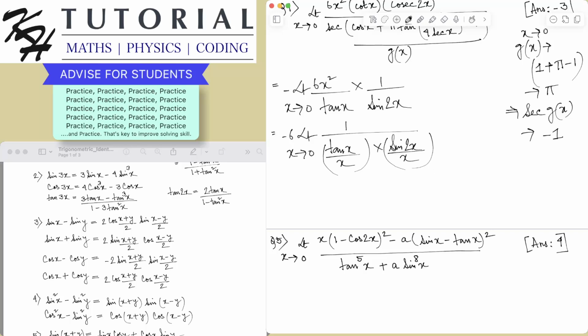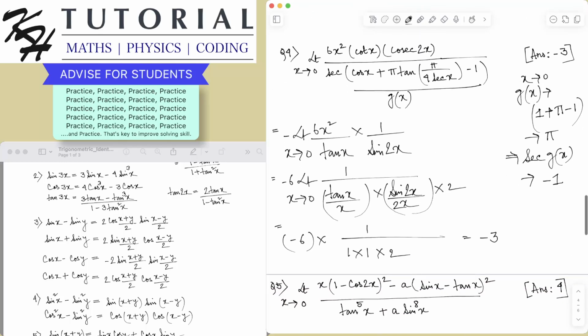So I have to have 2x as the denominator of sine 2x, and adjust with a 2. Now the limiting value of sine 2x by 2x is 1, and the limiting value of tan x by x is 1. So this becomes minus 6 multiplied by 1 by 1 multiplied by 1 multiplied by 2. This is minus 3. The answer should be minus 3.